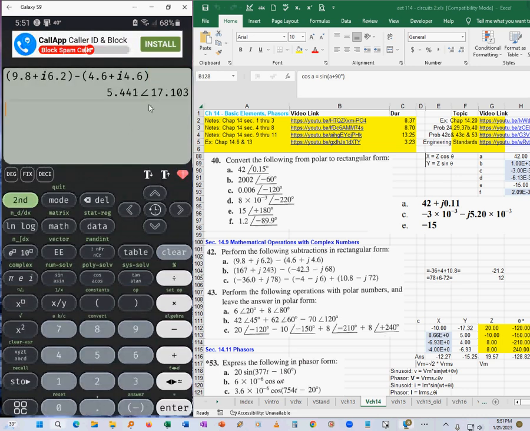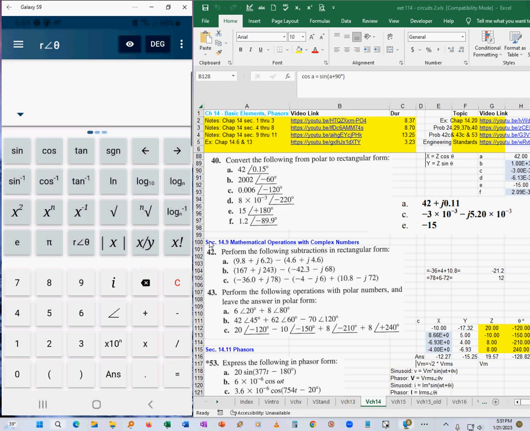In CalcEn, if we wanted to do this problem, same thing. You use the parenthesis button, 9.8 plus I times 6.2, and then end parenthesis, and then minus parenthesis 4.6 plus I times 4.6, end parenthesis, equals.